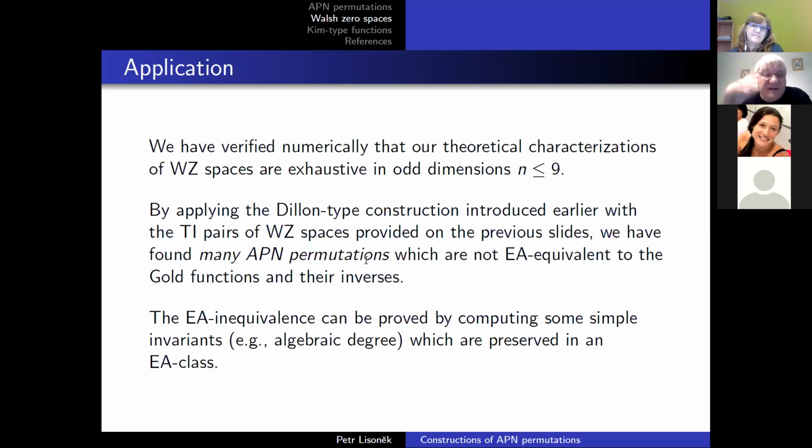There's the linearity and the avalanche criteria and lots of other criteria. So it's good to have a good pool of APN permutations to choose from, so we can assess them with the other criteria. So it was a positive result because we had these constructions.